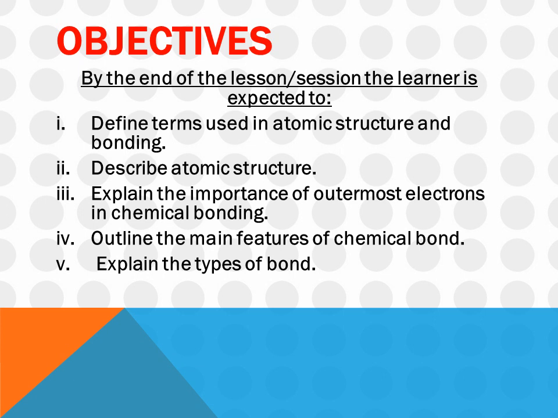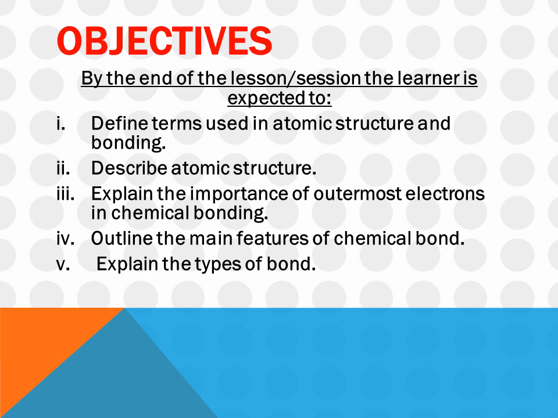Number 3, I expect you to explain the importance of outermost electrons in chemical bonding by the end of this lesson. Next, I expect you to outline the main features of chemical bond by the end of this lesson.